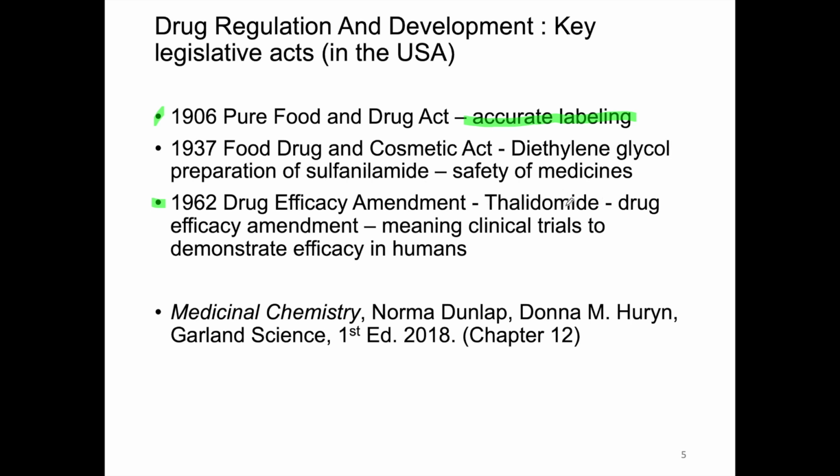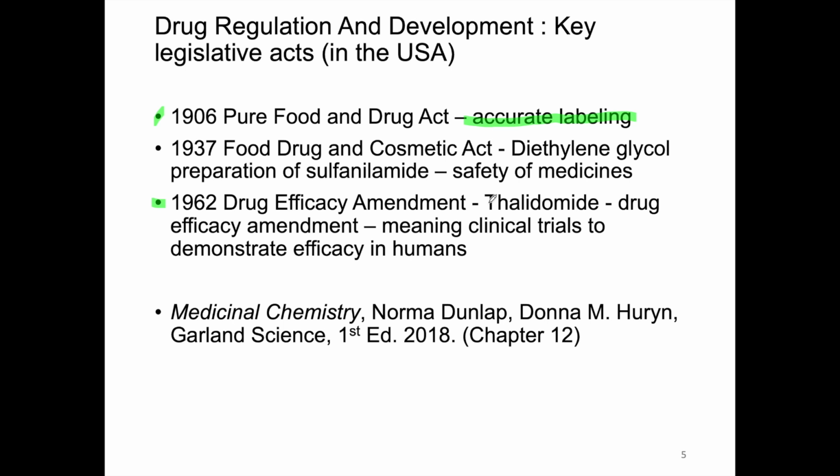And it was due to one particular scientist at the FDA who reviewed the data on thalidomide in the European Union, or it wasn't in Europe, I guess it wasn't the European Union at the time, and she said that it wouldn't be appropriate to approve that drug in the US, and she had to stand up against considerable pressure to say no, it's not safe to have that drug in the US.